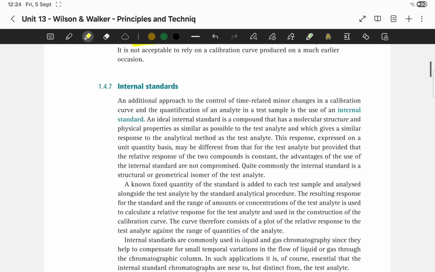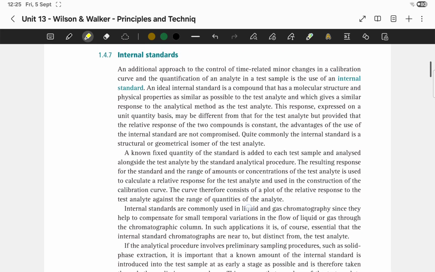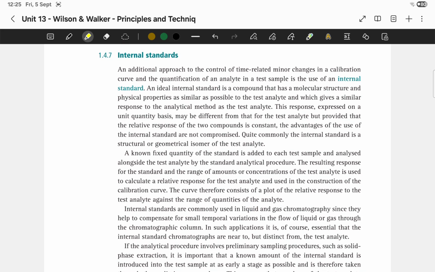1.4.7 Internal standards. An additional approach for the control of time-related minor issues. An ideal internal standard is a compound whose molecular structure and physical properties are as similar as possible to the test analyte and which gives a similar response with the analytical method.